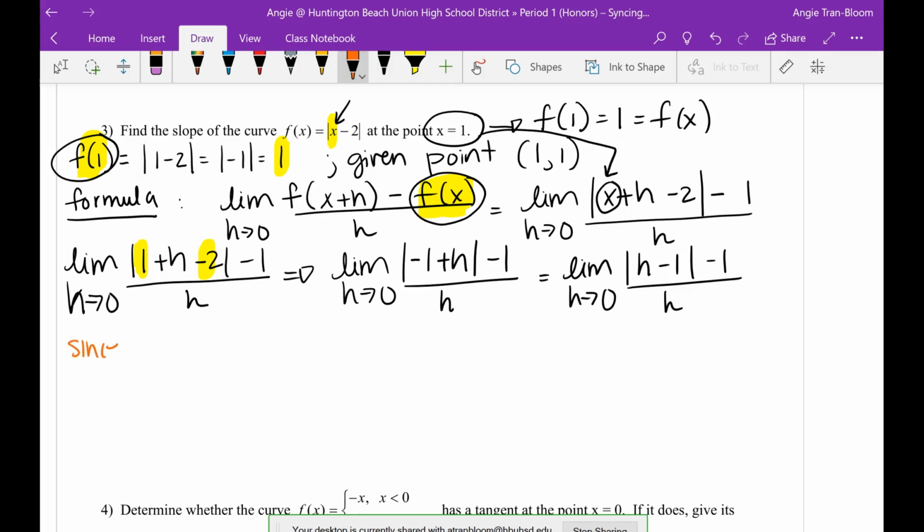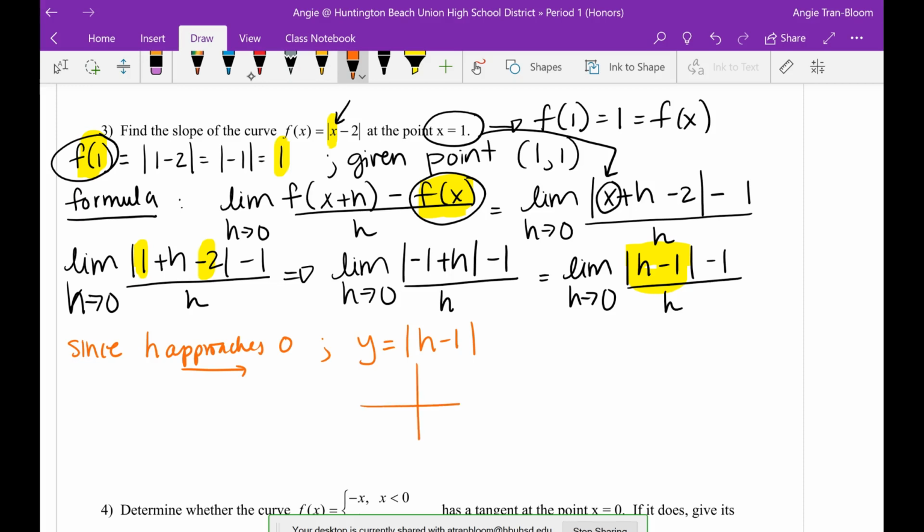Since h approaches 0, y equals, this is a piece that I think we're going to be very confused on if we don't pay attention. An absolute value of h minus 1 has 2 different places. One of it's going to be positive and one is going to be negative. Let me graph this out so you have a really good visual. Here's h minus 1. Are you okay with that so far?